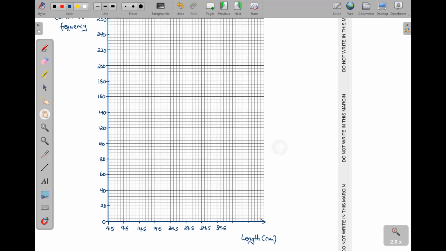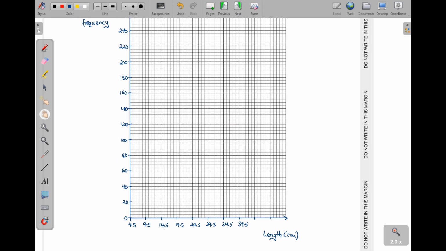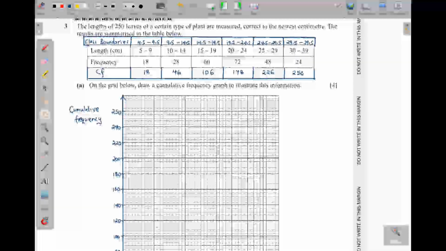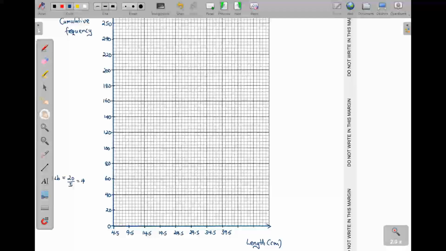Now on the vertical axis, one small box is equivalent to adding 20 divided by 5 small boxes, which is equivalent to 4 units. Now we want to plot 18 against 9.5.